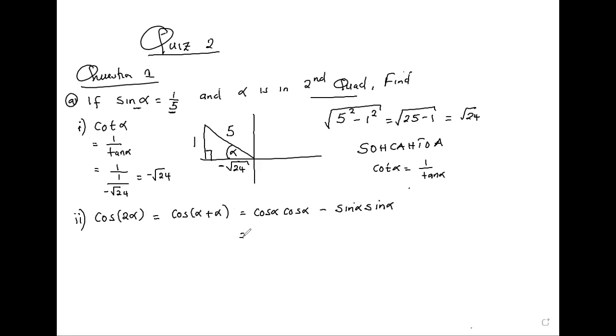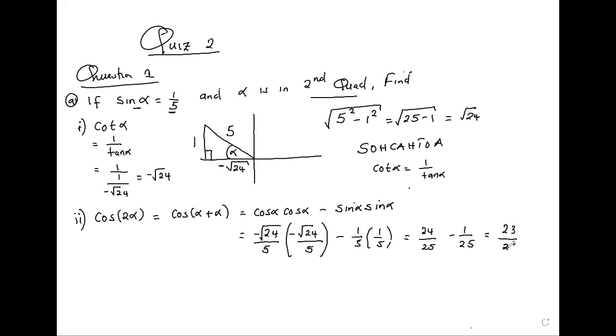Cos is adjacent, negative root 24 over hypotenuse 5, multiplied by cos, minus sine, which is given in the question, 1 over 5, 1 over 5. So together we get 24 over 25 minus 1 over 25, which is 24 minus 1, we get 23 over 25.